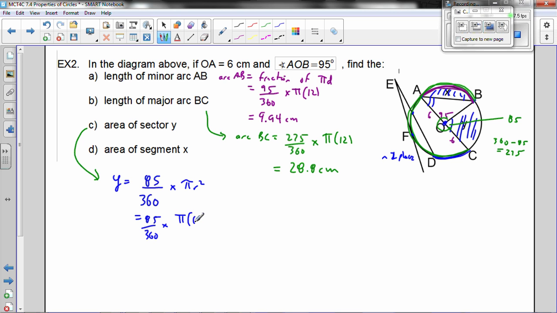R was 6. Bash that into a calculator, and you get 26.7 centimeters squared, about, and that's that area there.